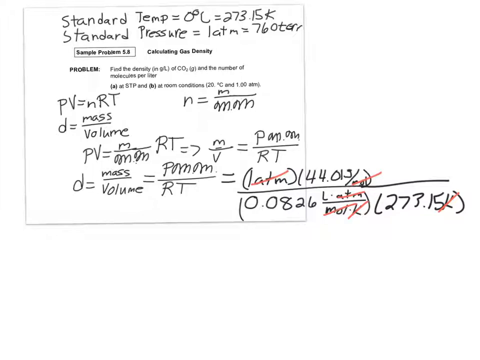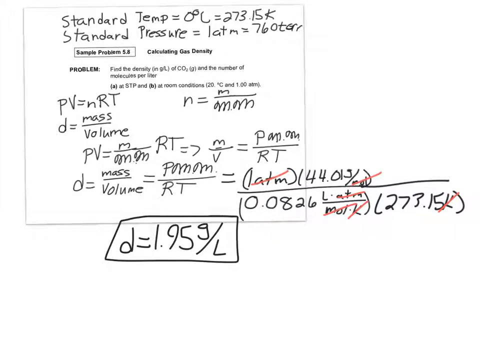All right, so now let's do the math. 44.01 divided by R times 273.15. So I got that the density is then equal to 1.95 grams per liter. So that's A part.